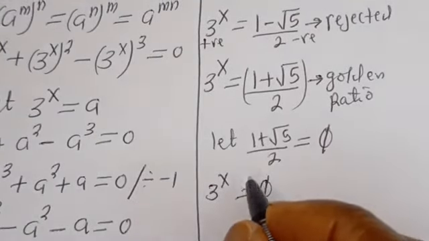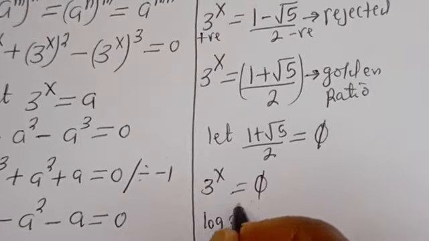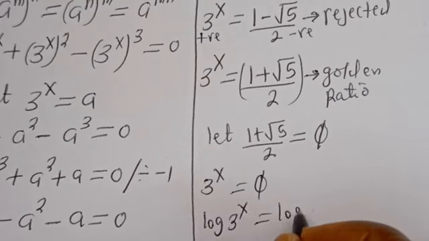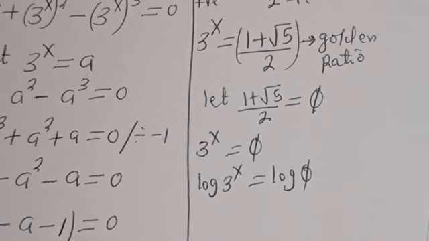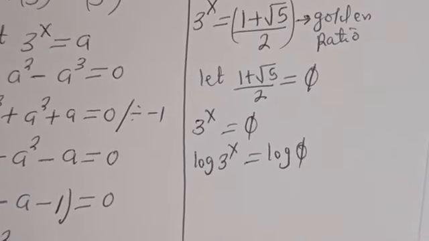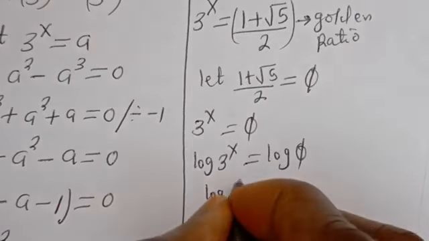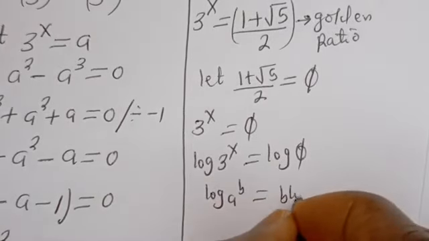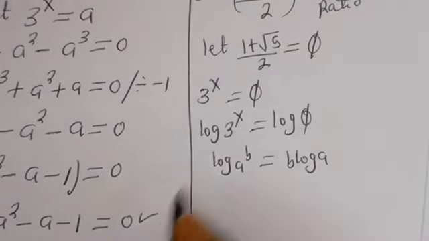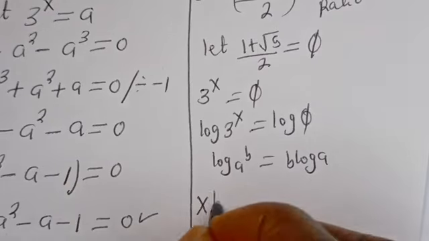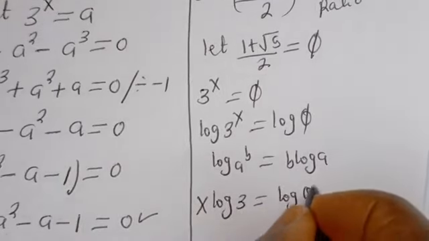Then here, let's take the log of both sides. We have log of 3 to the power of x is equal to log phi. And if you have log a to the power of b, this is equal to b log a. Then this can be written as x log 3 is equal to log phi.